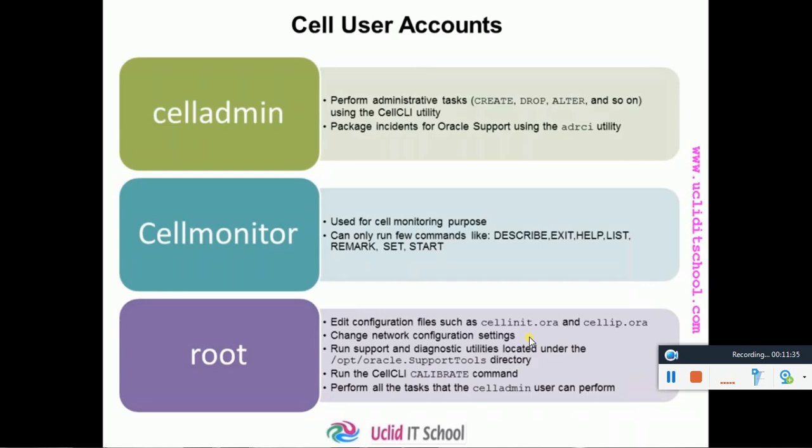Grid disk is an object. IORM plan is an object. So a cell has its own objects. You can create, alter, and drop objects. You can list objects and describe objects. All these things can be done as the cell admin user.